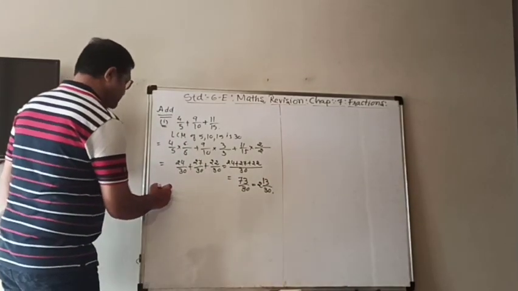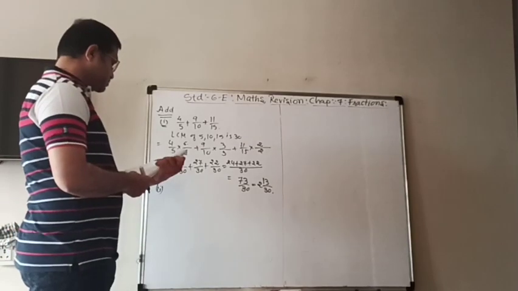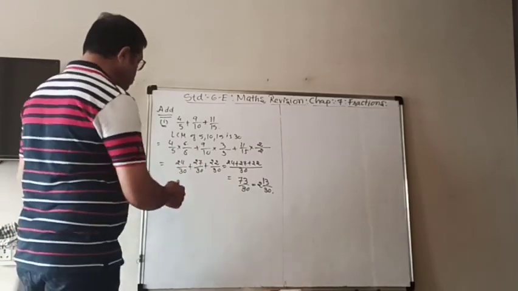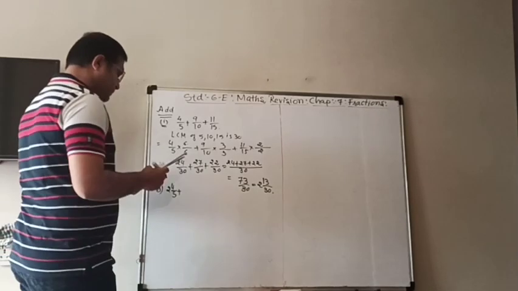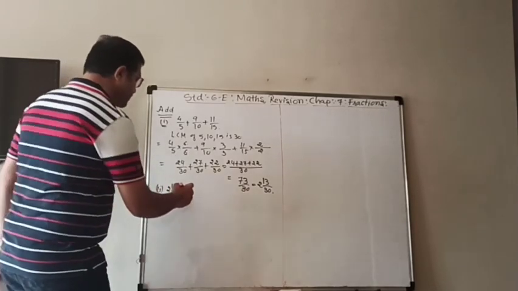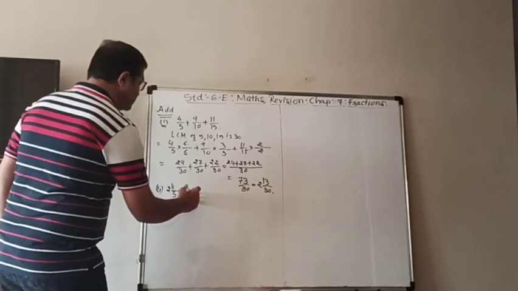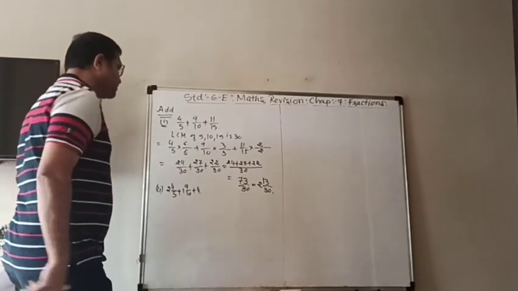Let us do one more example. That is 2 integer 4 upon 5 plus 1 integer 9 upon 10 plus 4.